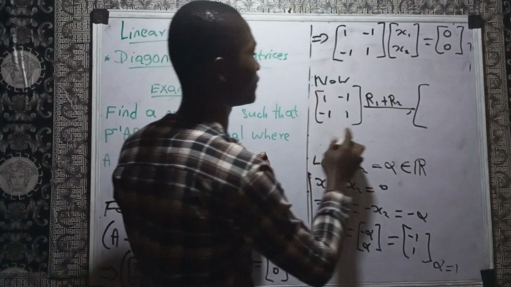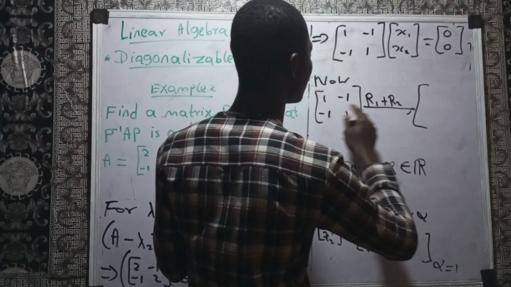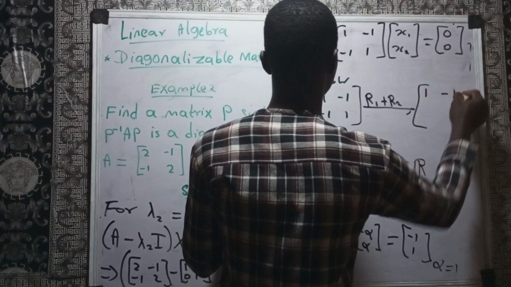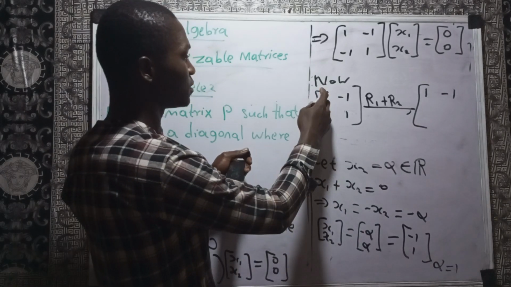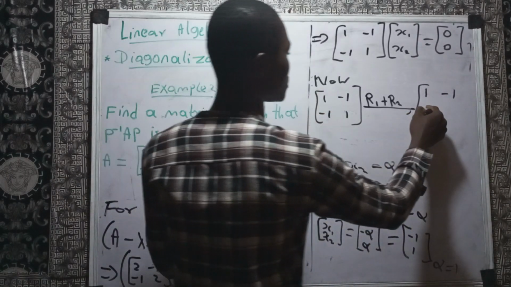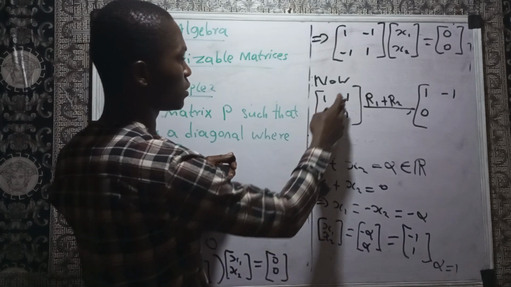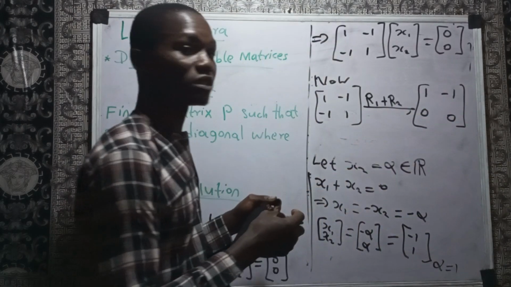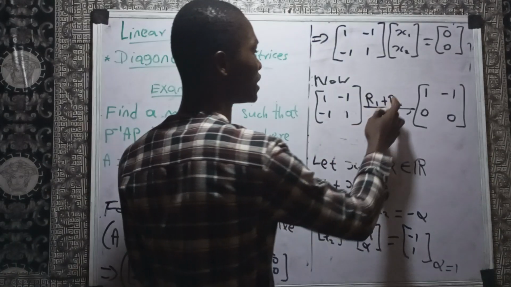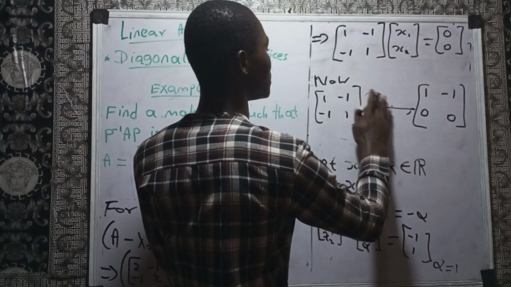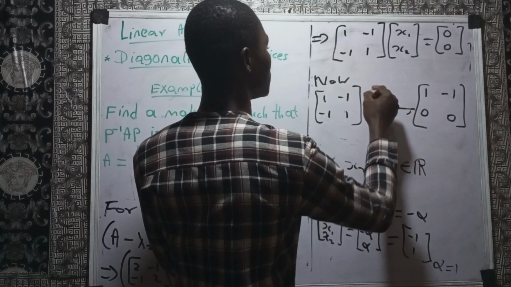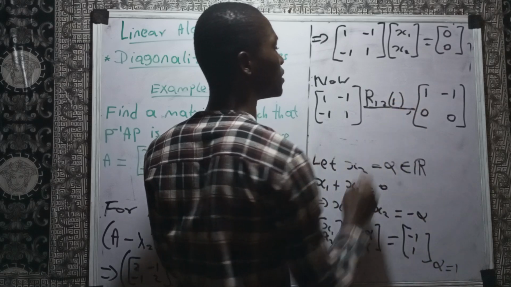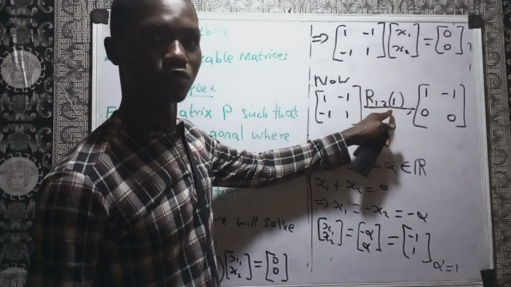So let's add. Row 1 is this, and row 2 is negative 1. 1 plus negative 1 is 0, and negative 1 plus 1 is 0. With this, we have reduced it. This same operation, you can simply write like this: row 1 multiplied by 1, then add the result to row 2.